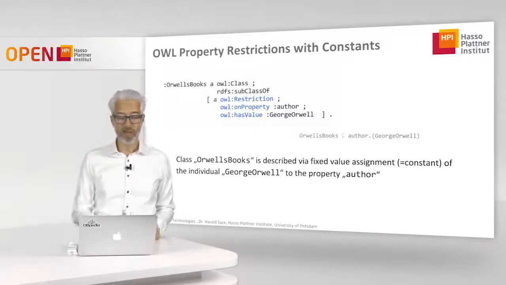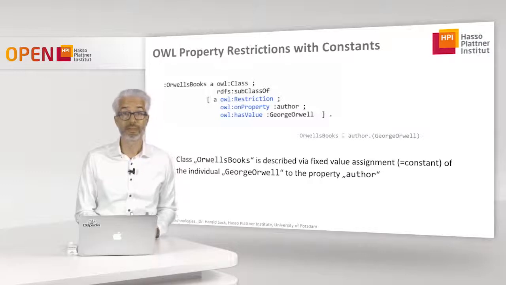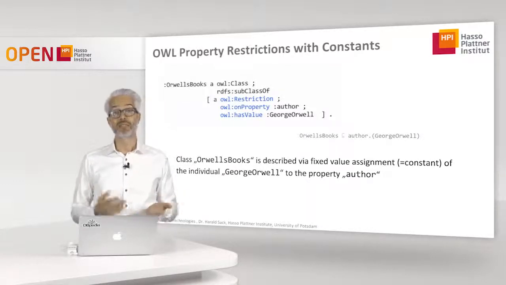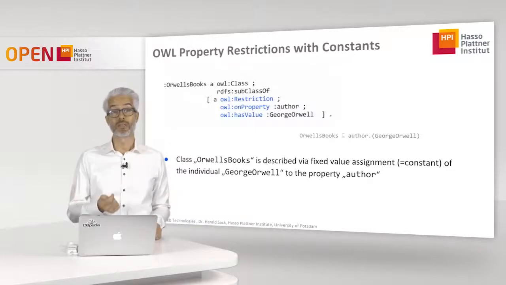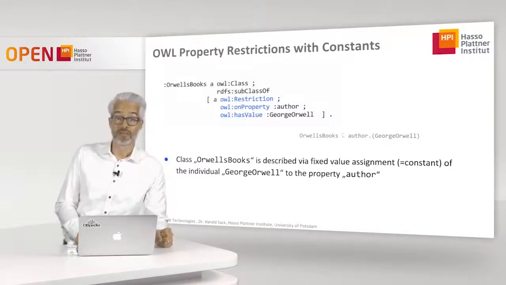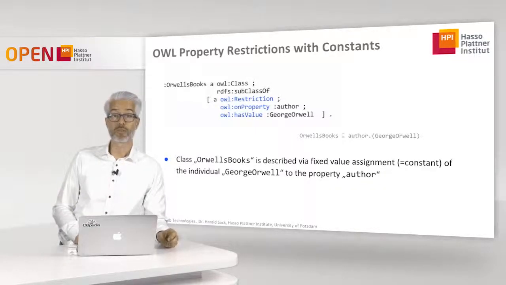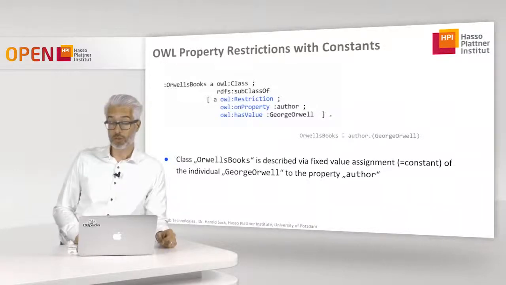So first one, I have property restrictions with constants. So this is here the property on a specific individual. For example, here I can define, so first let's have a look at again the description logic expression. What I do here, I define a class which is called Orwell's books. And I say that Orwell's books is a subclass of everything which has been authored by one individual George Orwell.